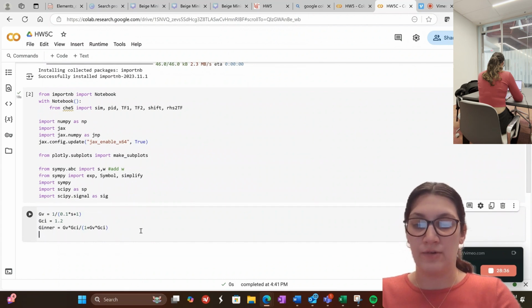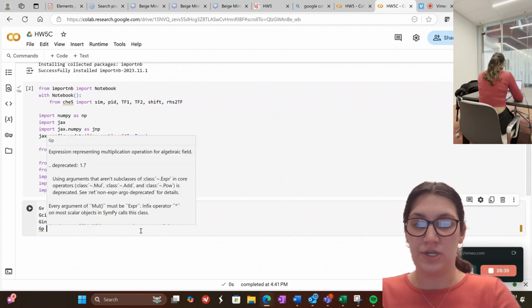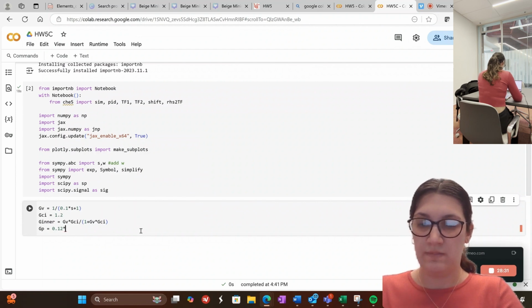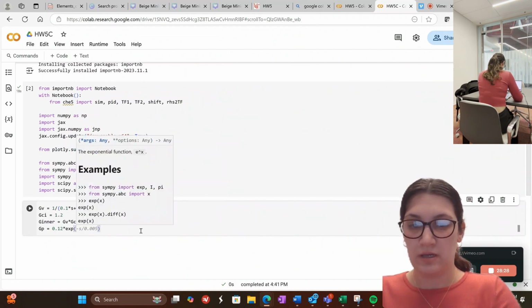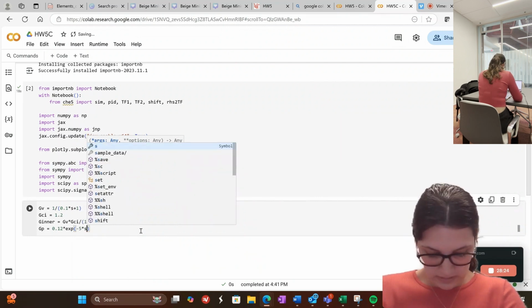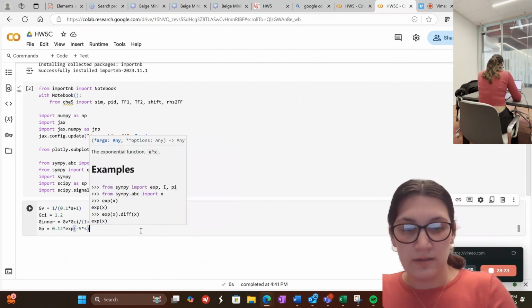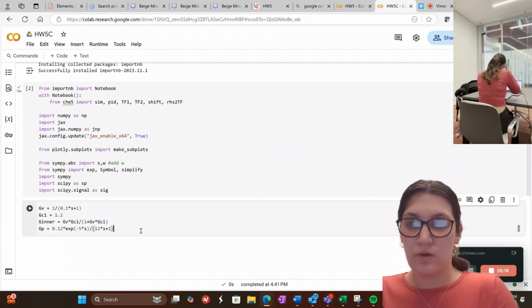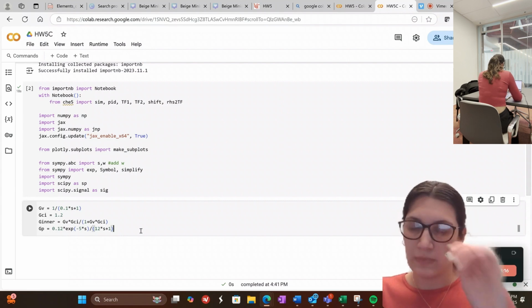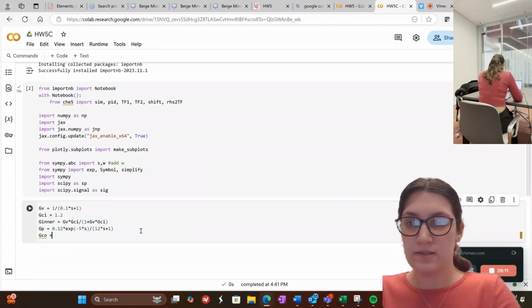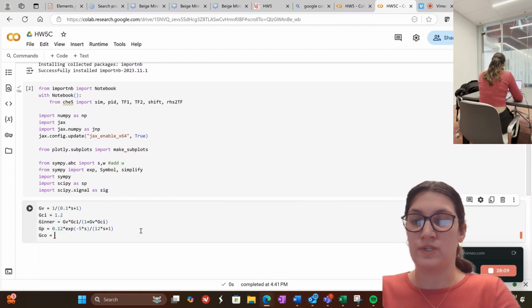Now for the outer, we have our GP, which is 0.12 times exponent negative 5s, divided by 12s plus 1. And then for our outer controller, this is where we'll see our step change.